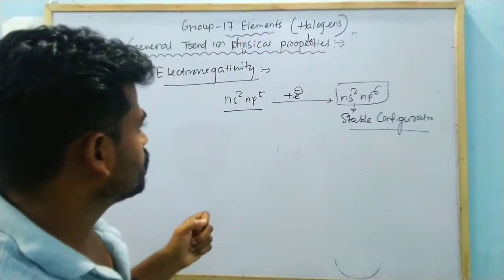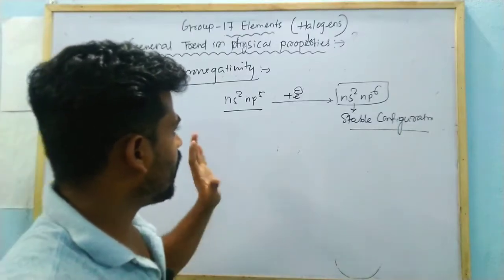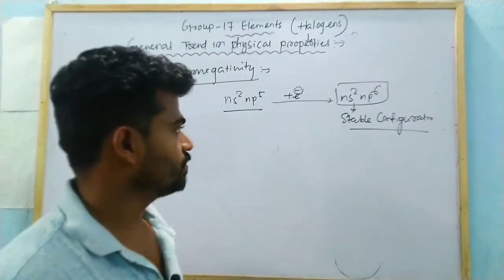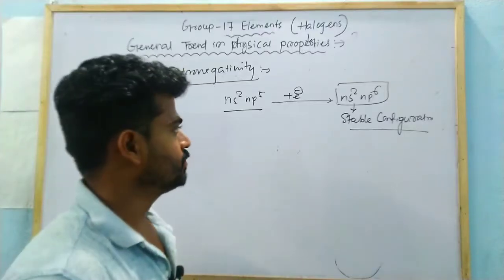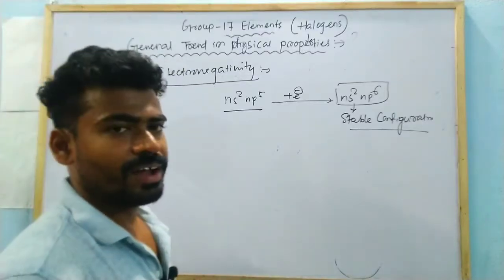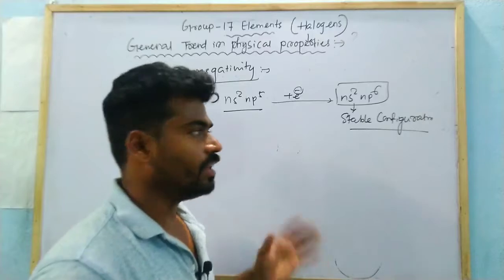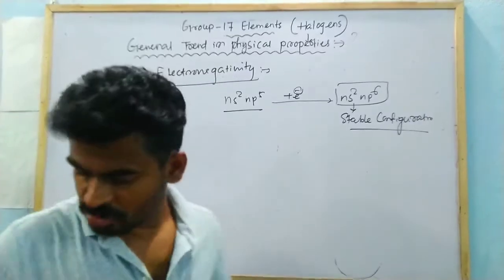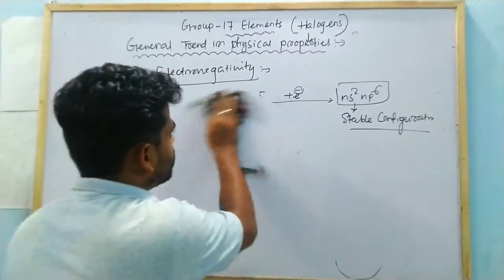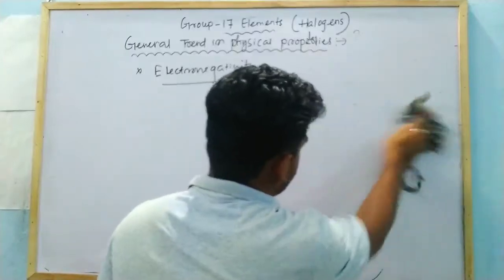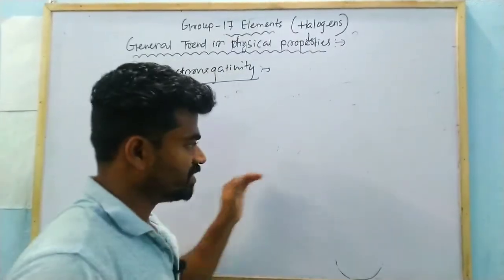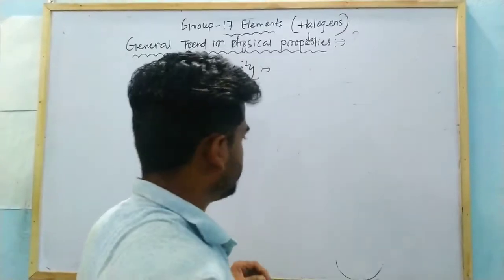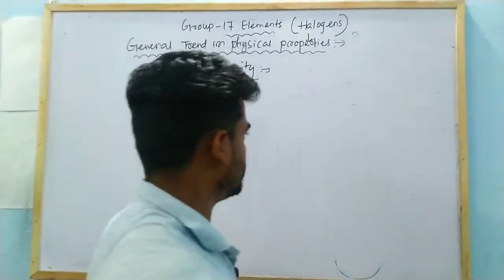Okay, again due to high value of nuclear charge, halogens are highly electronegative in their respective period. Let me explain it. Due to the smallest size of these elements across their period, they correspond to high nuclear charge.